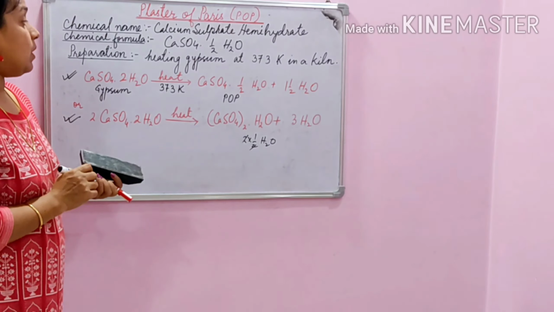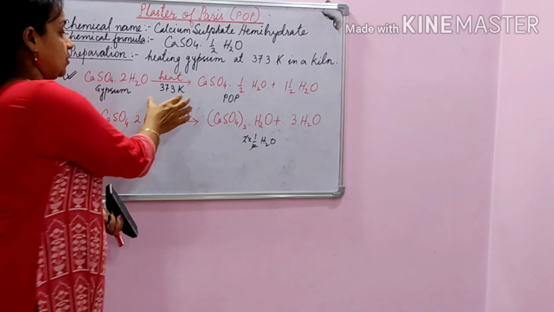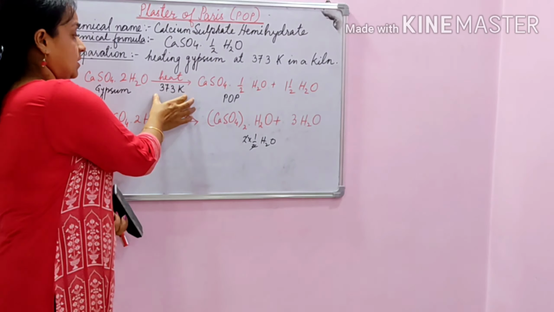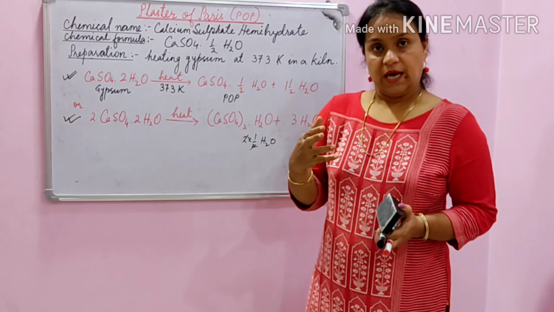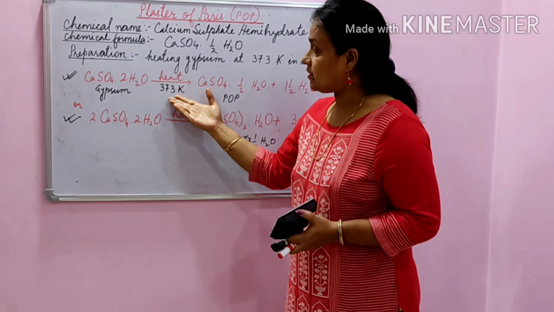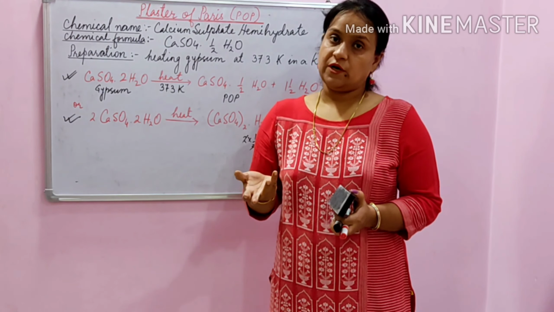Now, I was telling you that it is a controlled reaction. This temperature should be maintained. Why? What happens if we do not maintain this temperature? If gypsum is heated at a temperature higher than 373 Kelvin, then it loses all the water of crystallization.